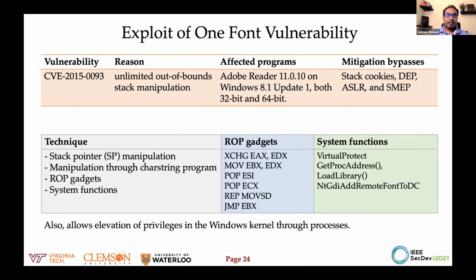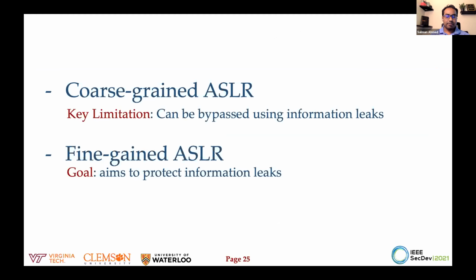But the problem with this coarse-grained ASLR is that if we have a memory leak or address leak, the locations of all the other gadgets can be deduced from that single leak, because all of them are relatively positioned to a gadget. If we know the position of a particular gadget, all the other positions can be known. So to protect against this, researchers proposed fine-grained ASLR.